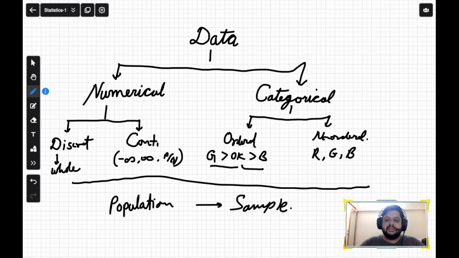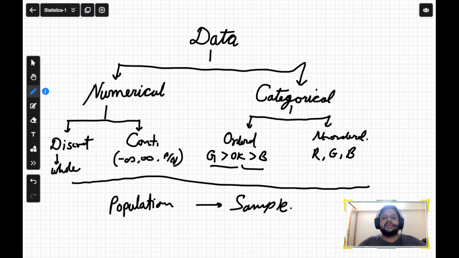But studying this kind of phenomena on the population is very difficult, and that's where the sample comes in. And there are various ways of doing the sampling. There are ways of calculating the random sampling, or based on the normalization of the data, and there are formulas also for how we should calculate the sample size.